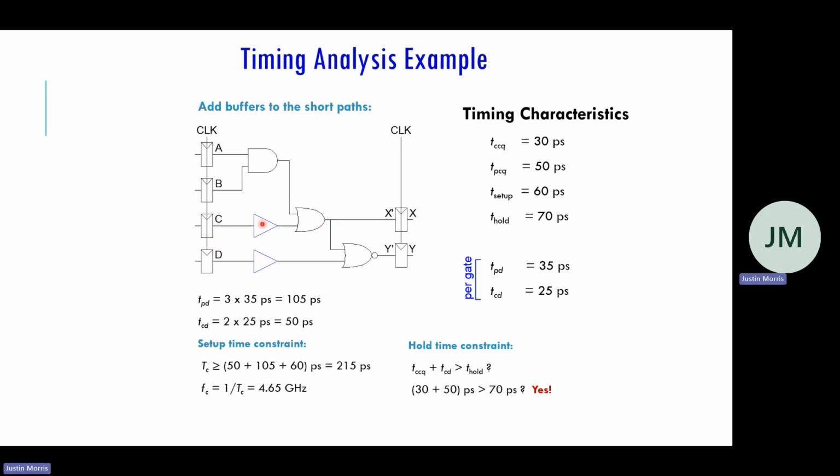So by adding these buffers, our performance is not impacted. But we are now satisfying the hold time, because now it's 1, 2, and 1, 2. So we have 2 gate delays, so 50, and then 50 plus 30 from our contamination clock to Q. This is 80, that's greater than 70.